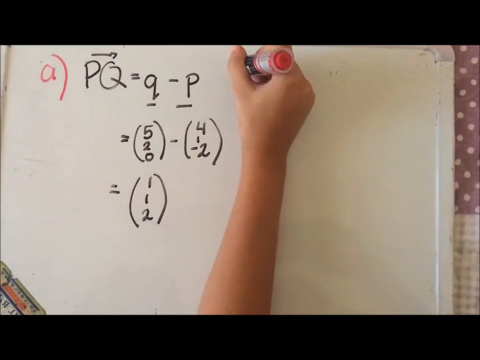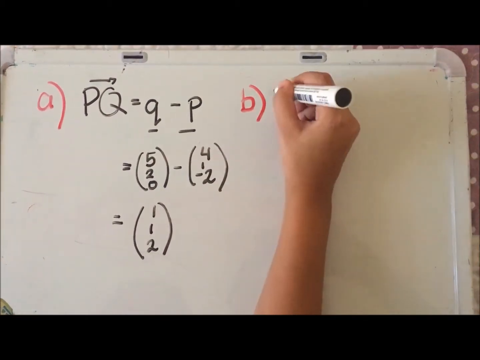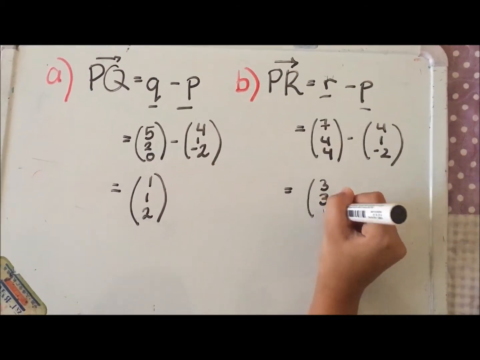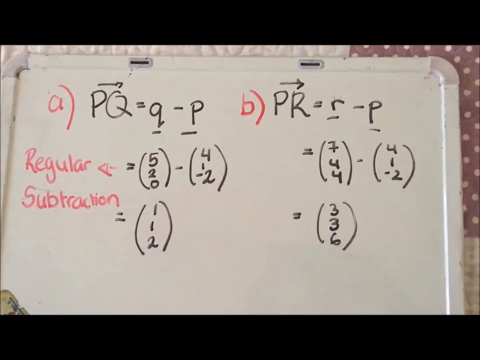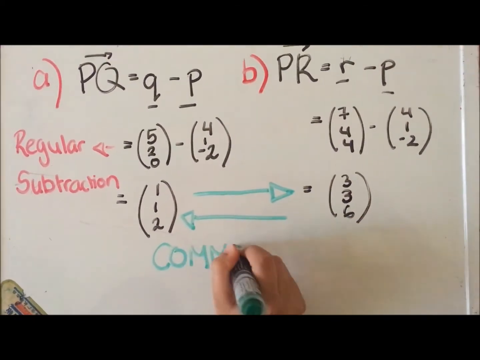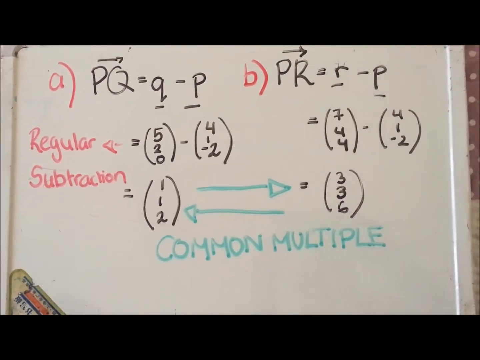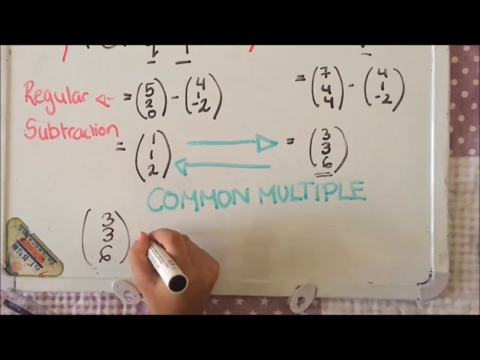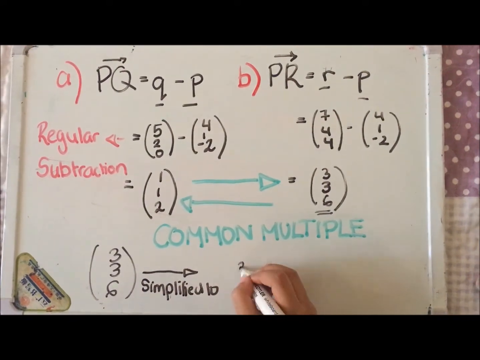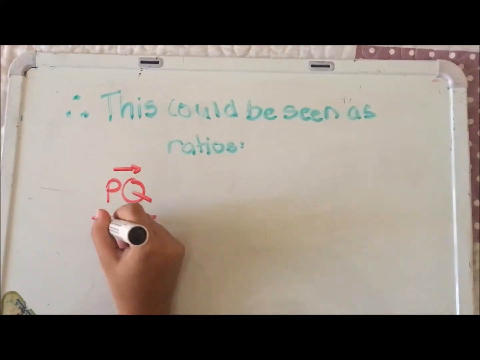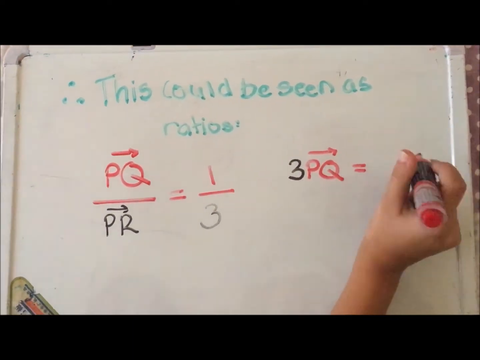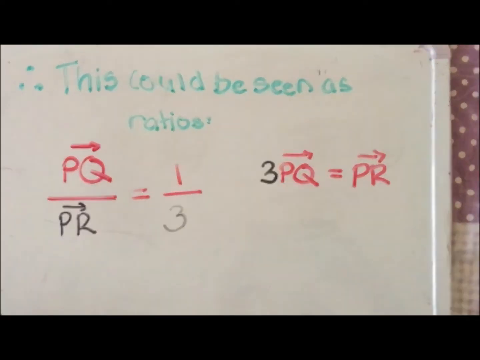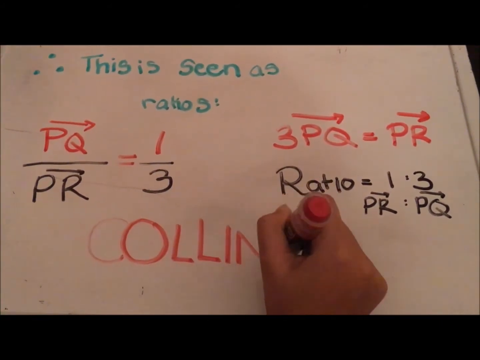On the other hand, PR provides the result (3, 3, 6). We are able to identify a common multiple in which PR is larger than PQ by a factor of 3. Hence, we could further simplify this as 3 multiplied by the vector (1, 1, 2). This could be seen in the form of ratios, where PQ divided by PR is equal to 1 over 3. Therefore, as 3 multiplied by PQ is equal to PR, the vectors are collinear.